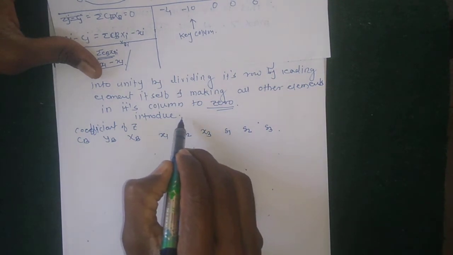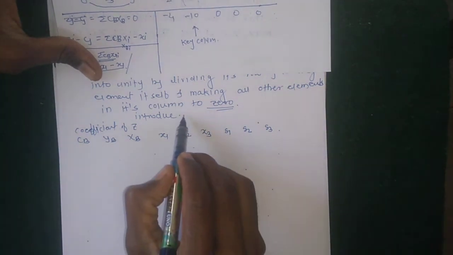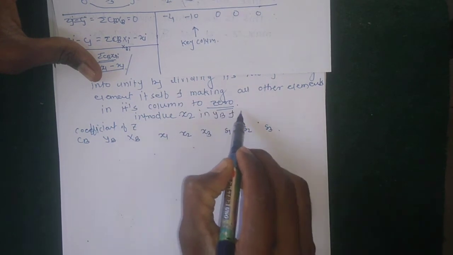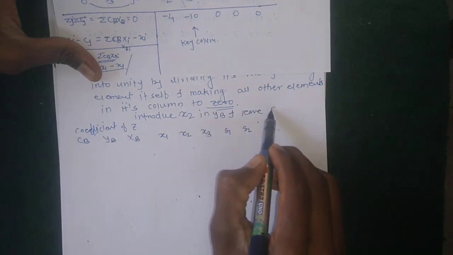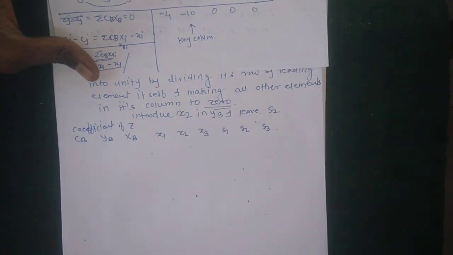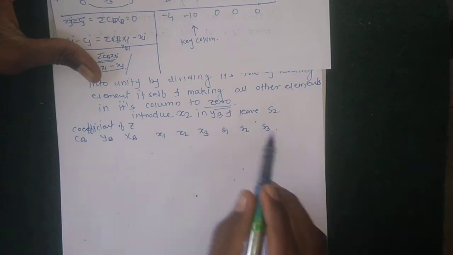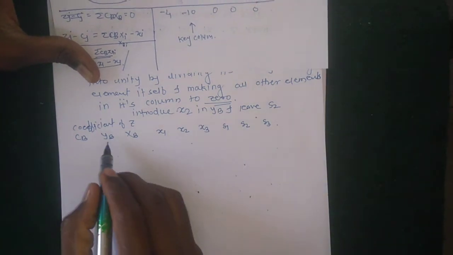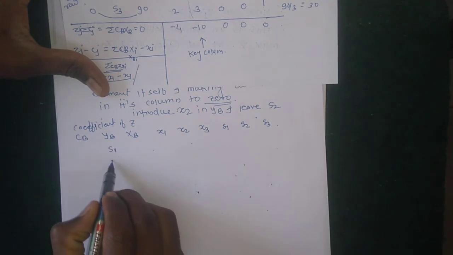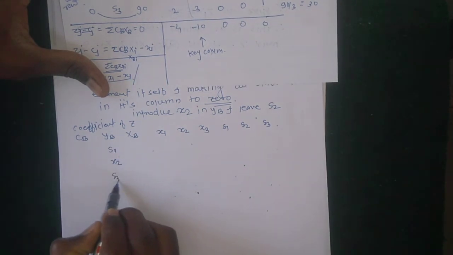Introduce x2 in YB and leave S2. Therefore the basic variables are S1, then X2, then S3.